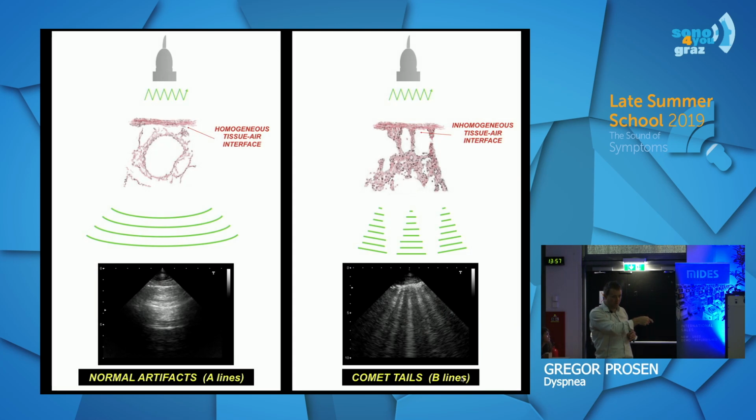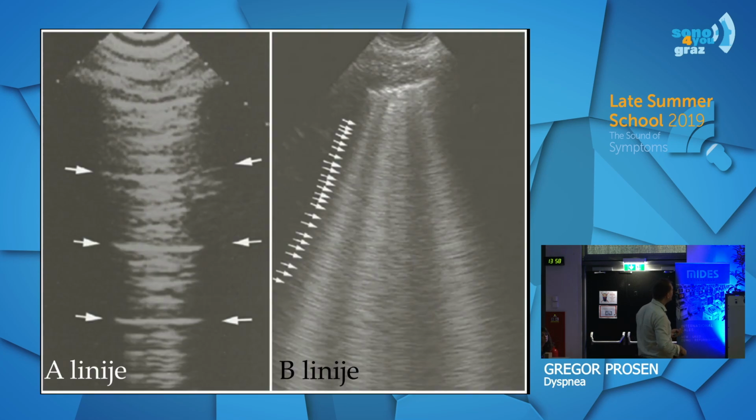Okay? You understand what I mean? So these B lines are sign of interstitial disease. Either pulmonary edema, cardiogenic pulmonary edema, or RDS, or fibrosis, or chemical pneumonitis, and so forth. So A lines and B lines.